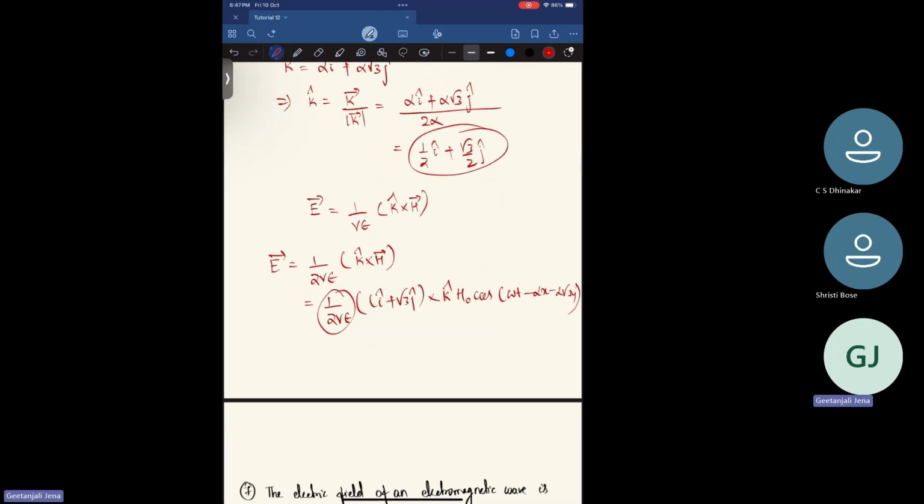So we need to do the simplification for 1 by v epsilon, right?